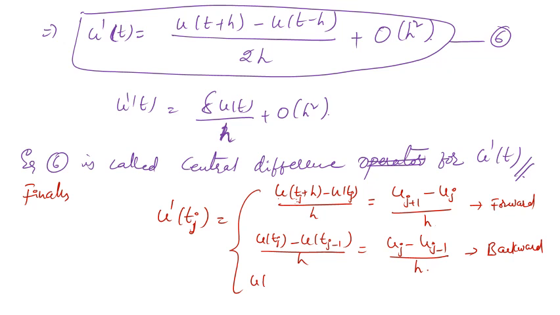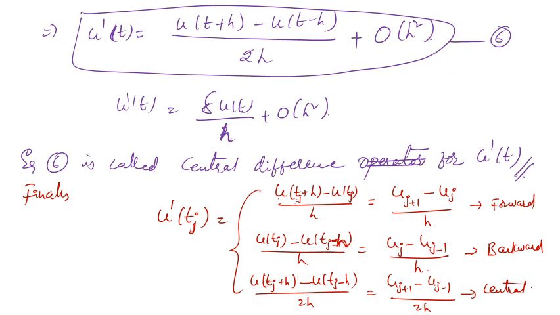And the next one, central: u of tj plus h minus u of tj minus h whole by 2h, which can be written as uj plus 1 minus uj minus 1 by 2h. This is the central difference approximation. These are the three approximations for the first derivative.